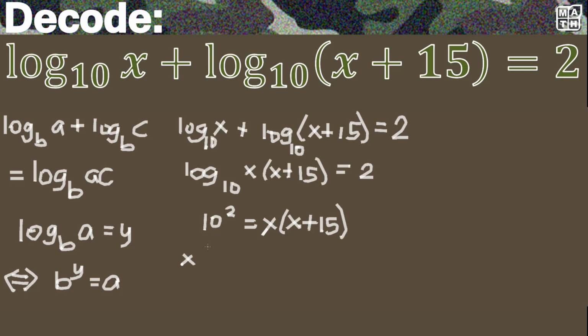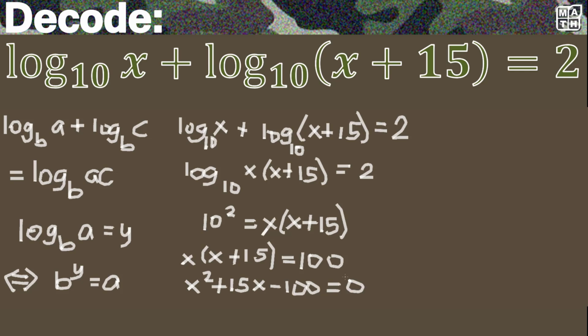Let me use the symmetric property, and you will have x times x plus 15 equal to 10 squared, which is 100. And this is x squared plus 15x, then subtract both sides by 100: minus 100 equal to 0. Okay, we already subtracted both sides by 100 here.